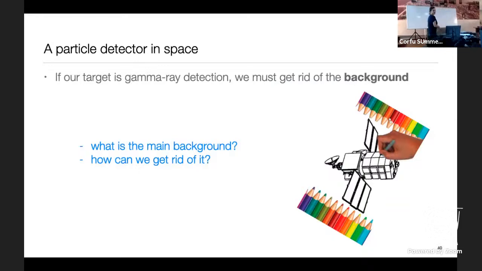As I said before, if you want to detect a source, then you have to get rid of the background. What is the main source of background? We have seen that gamma ray detectors need to produce some charged particle that then emits photons, for example, or you use scattering in the material. Then, if you have a satellite, what can be the main source of background in space?